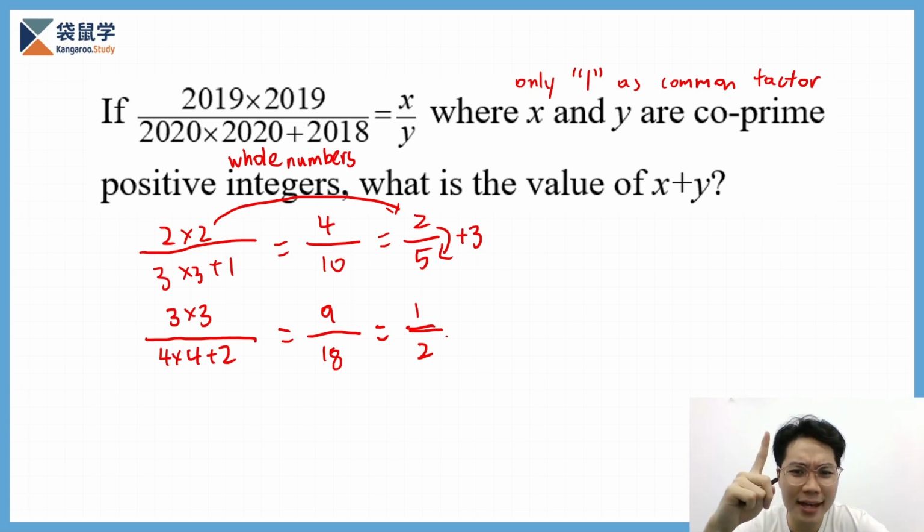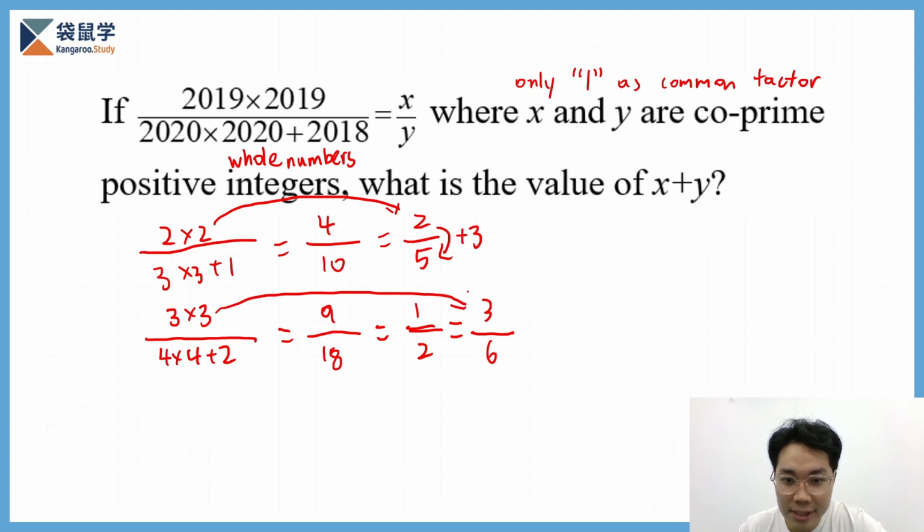But does that have to be the case? Definitely not, right? Because with fractions, we can always change them. So, if we want the numerator to be 3, then the denominator will be 6. We realize this number is also the same as the first number. And this time, the denominator is also a plus 3.